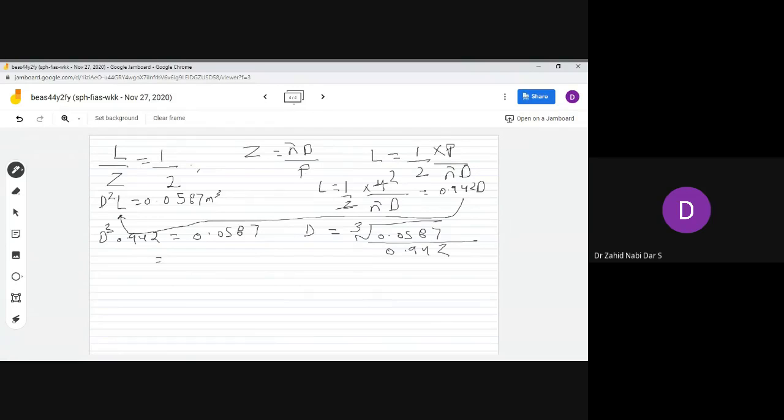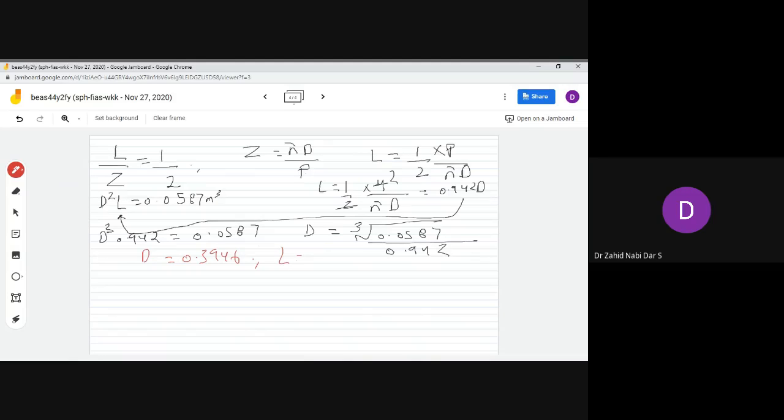The value of d would be, calculate the value of d, 0.3946 meter.